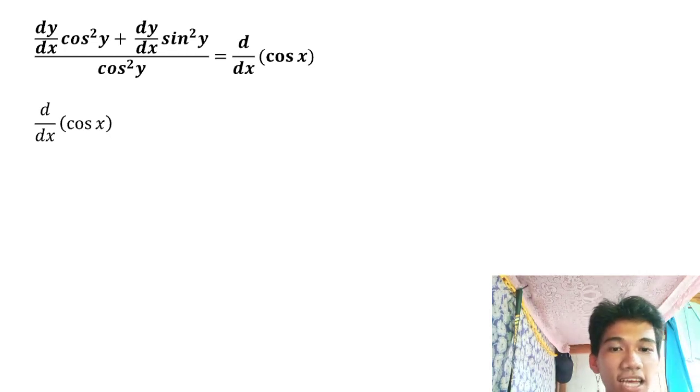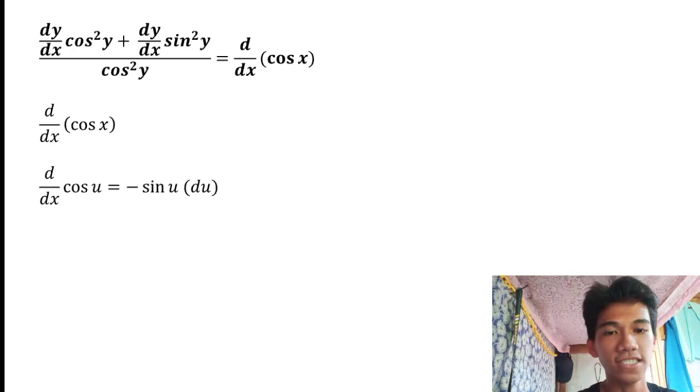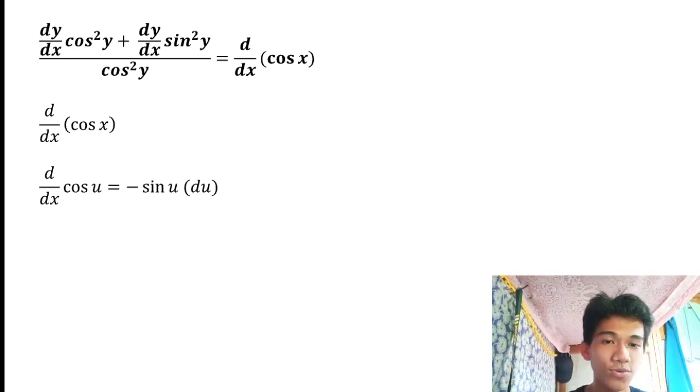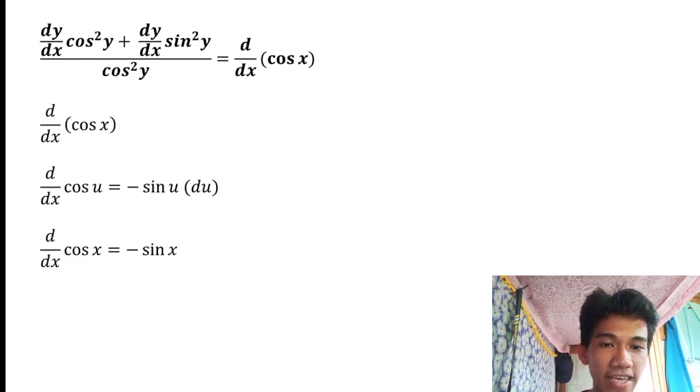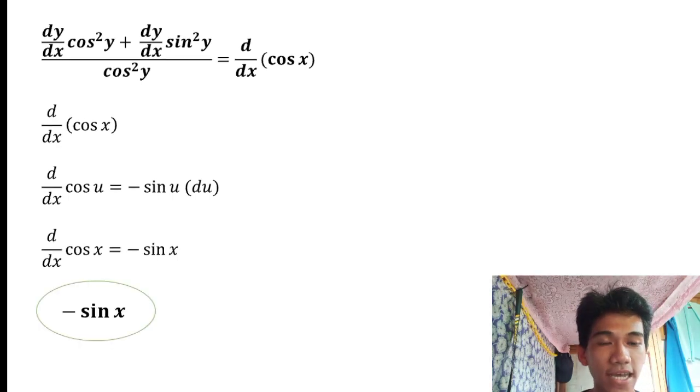Remember that the derivative of cosine u is equal to negative sine u times the derivative of u. Since the value of u is x, then the derivative of x is just 1. So we come up with negative sine x, which is the derivative of cosine of x. We're gonna put a circle on that.